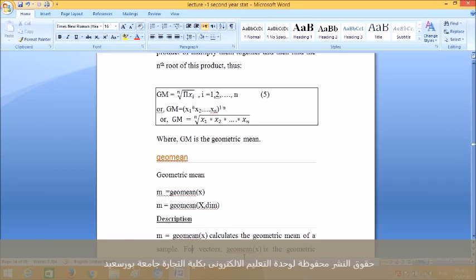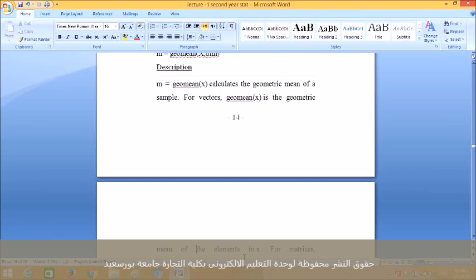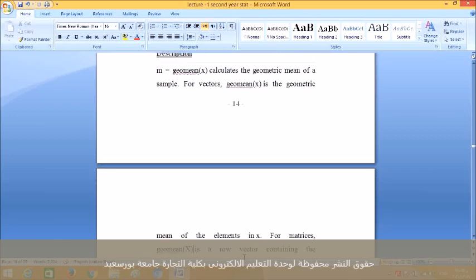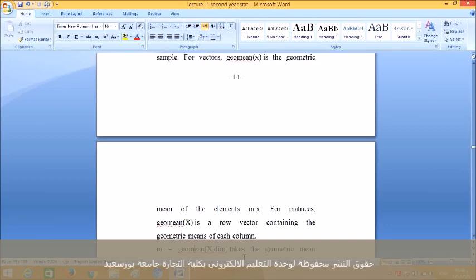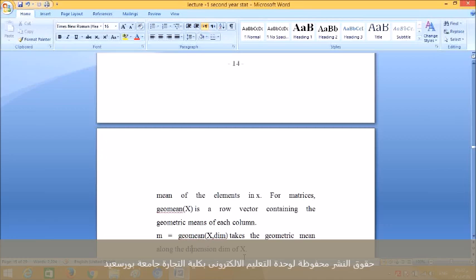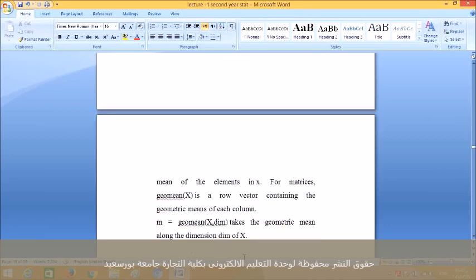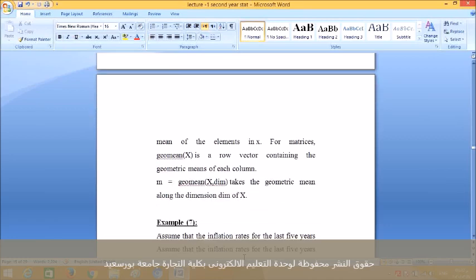For vectors, geomean of x is the geometric mean of the elements in x. For matrices, geomean of x is the row vector containing the geometric means of each column. Okay, and so on. This syntax looks like the previous syntaxes.